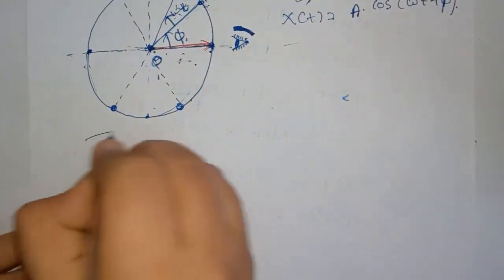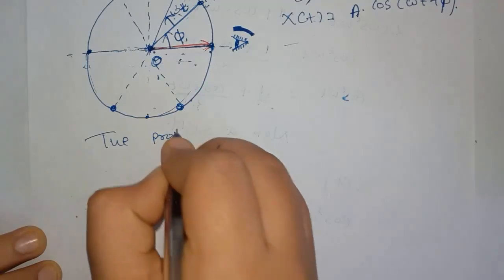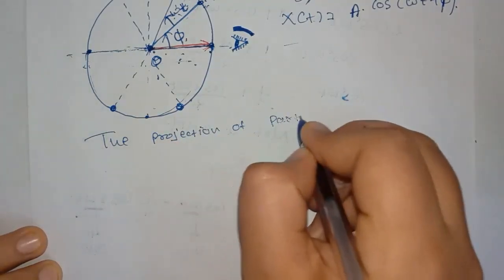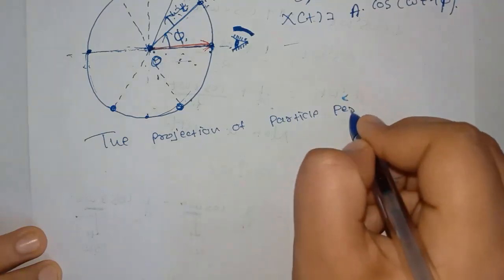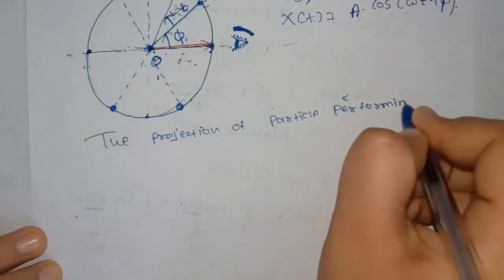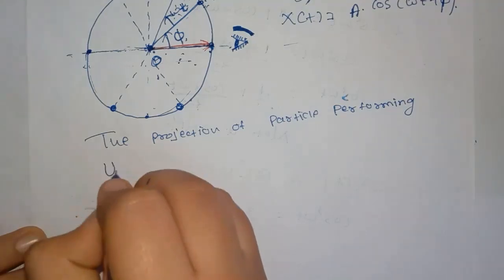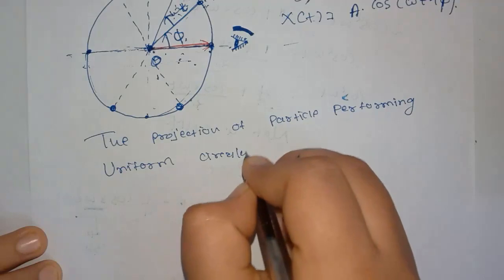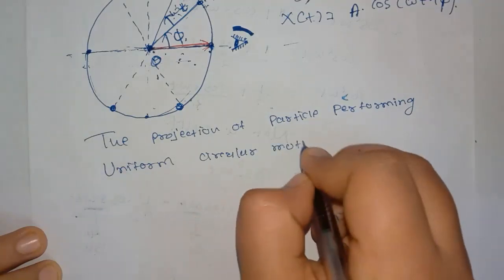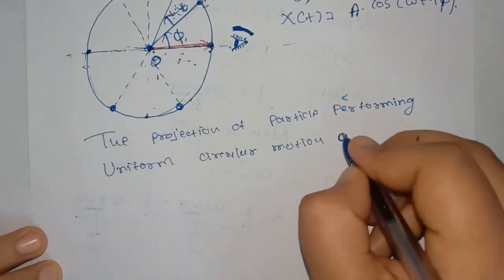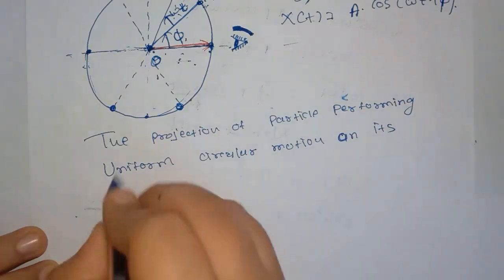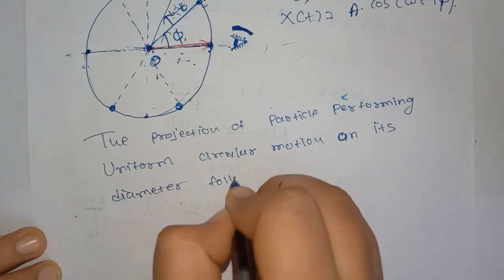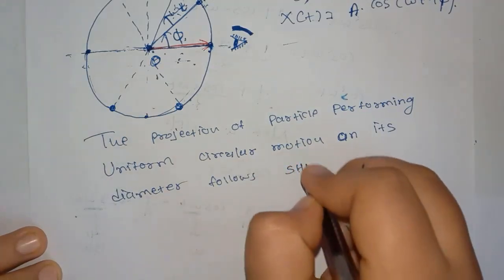So we can write that the projection of a particle performing uniform circular motion on its diameter follows SHM.